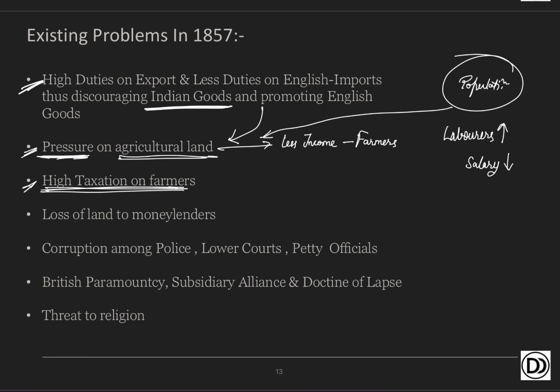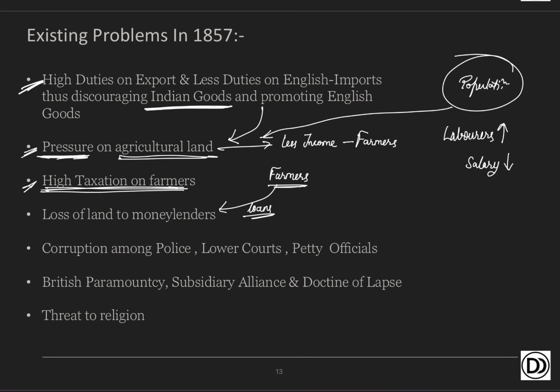If they are not able to pay tax, or if for some reason the crop fails and they have to still pay tax, they used to turn to money lenders for loans. They used to borrow money from money lenders.